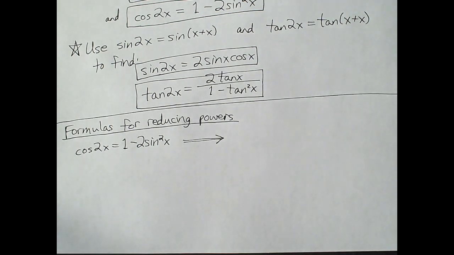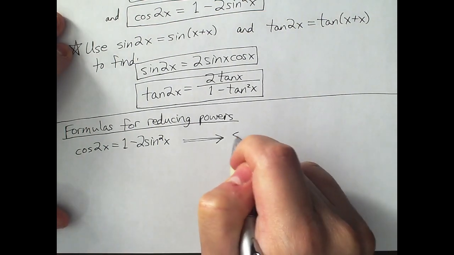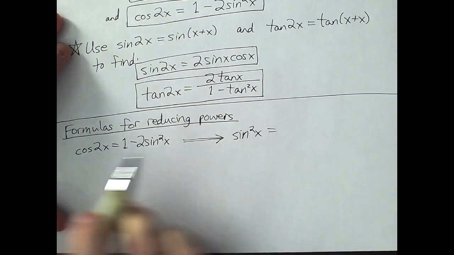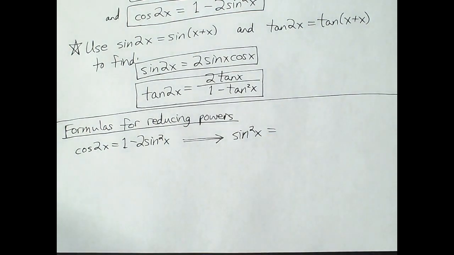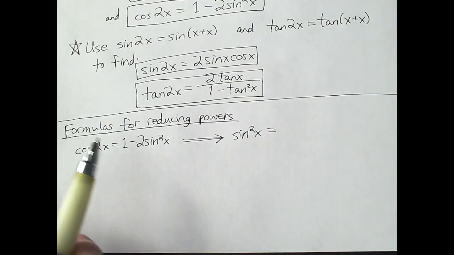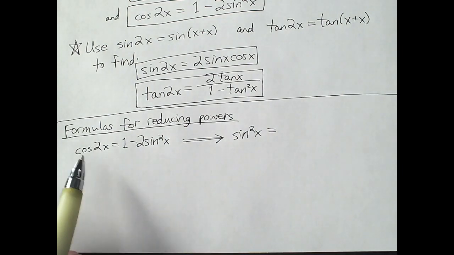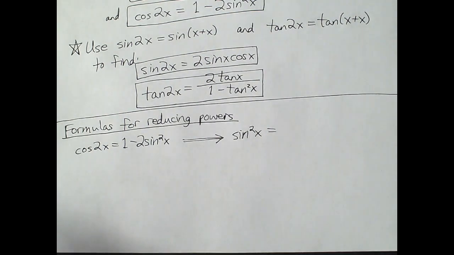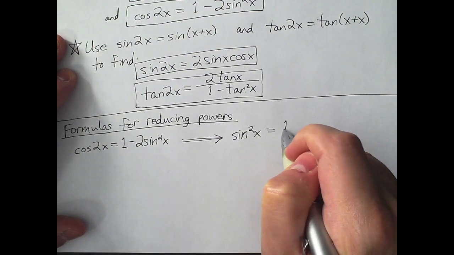What if I take this and solve for sine squared x? Sine squared x equals. What rearranging would we have to do to get sine squared equals? Well, we'd subtract 1 from both sides, and then we divide both sides by -2. You wind up with this.